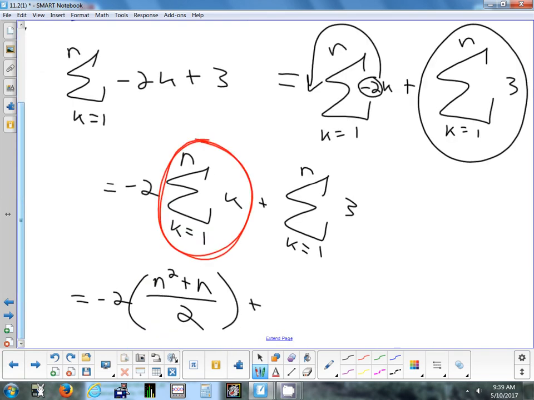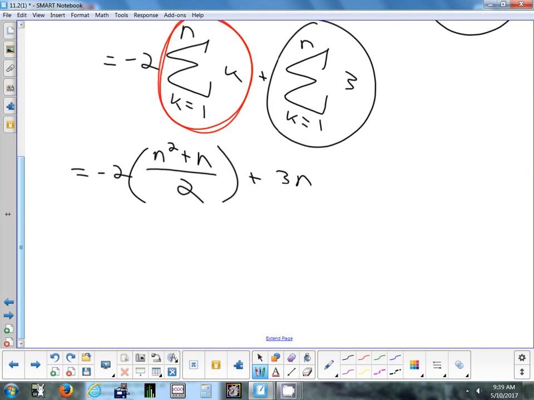And what about this one? If you add up the number 3 n times, what would you get? 3n. Adding up the same number over and over, that's multiplication. Now, from here, we just have to do out the arithmetic and see what we get. Because we could simplify a little bit. What property do I have to use with the negative 2? Yep, I have to distribute it.